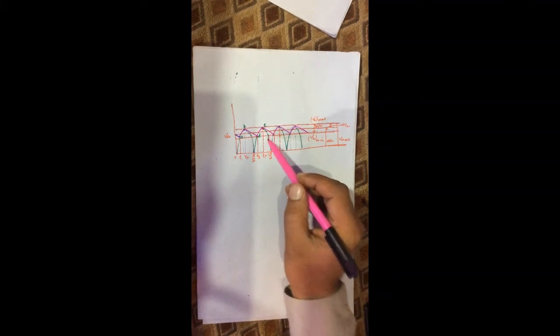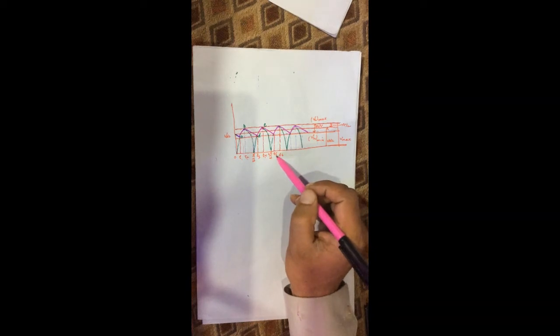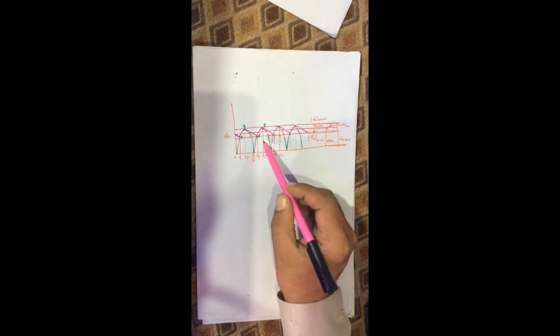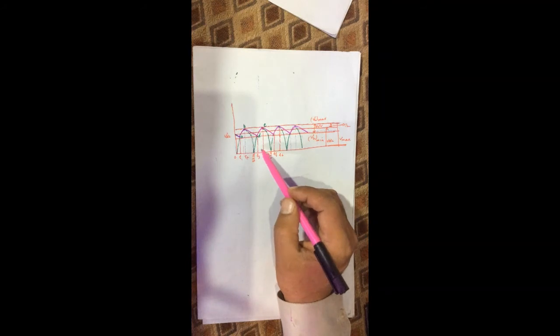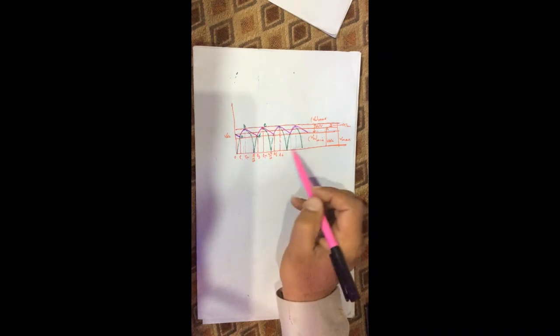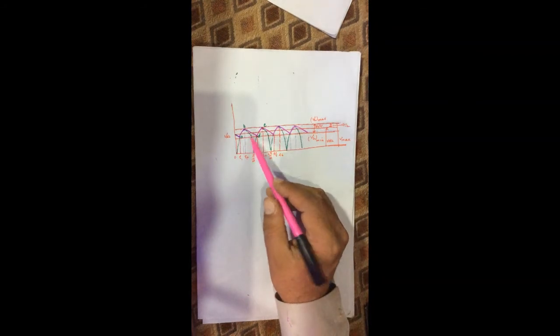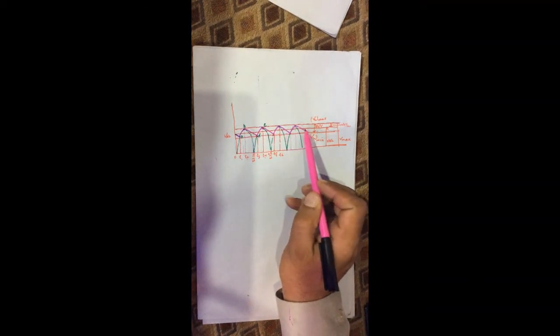From time T4 to T5, the capacitor discharges slowly. In this way, the capacitor filter operates through the entire cycle of the rectifier output and provides almost ripple-free voltage and current to the load resistance.